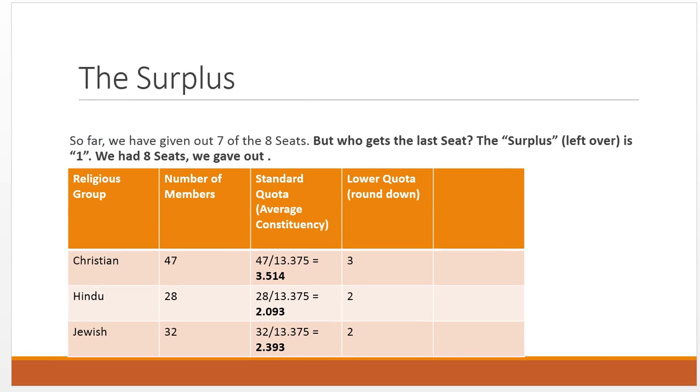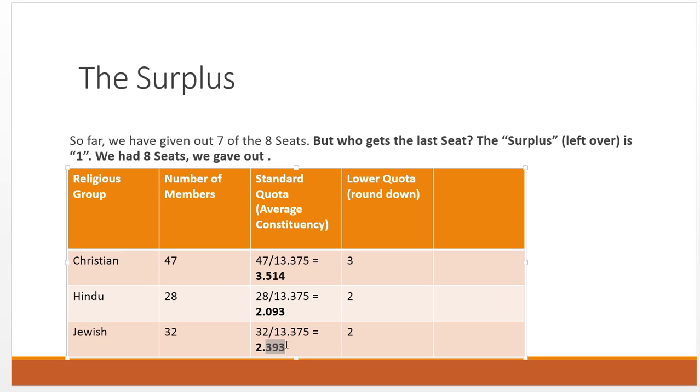And it's actually a very straightforward solution. That remaining seat is often referred to as the surplus or the leftover seats that we couldn't evenly distribute by dividing by the special number we calculated. So the next thing we do is we look at the leftover decimal value, and let me highlight that better. Here it is. We look at the leftover decimal value for each of these groups.